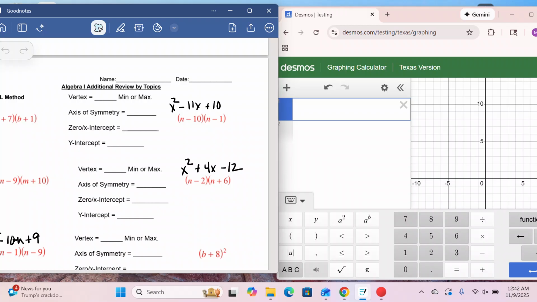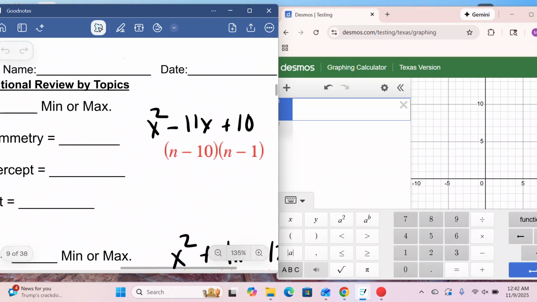A couple of the questions: what is the vertex of this quadratic, x squared minus 11x plus 10, whether it's a minimum or maximum, what is the axis of symmetry, what are your zeros or x-intercepts, and of course identifying the y-intercept. We have a lot of items that we can do through Desmos, so let's get started. I did this quadratic, and it came out to n squared minus 11n plus 10.